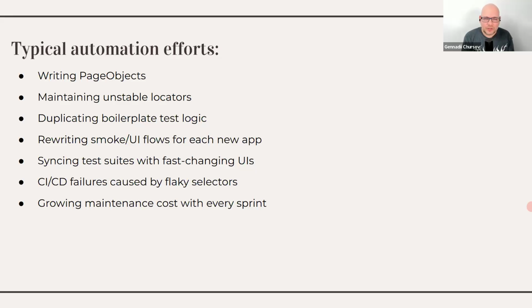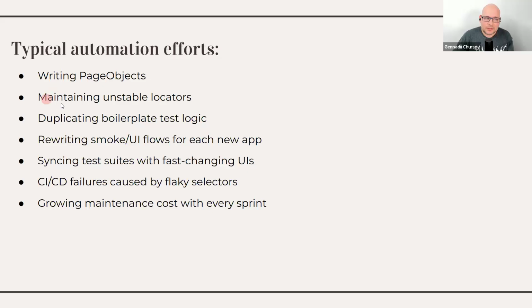Page objects usually means that we have some kind of pages in our web application, and we try to use the same technique to split our code for automation also by pages, because we will know that this one is mapped to our code. We will have a list of elements on that page, and we will use that to identify locators.